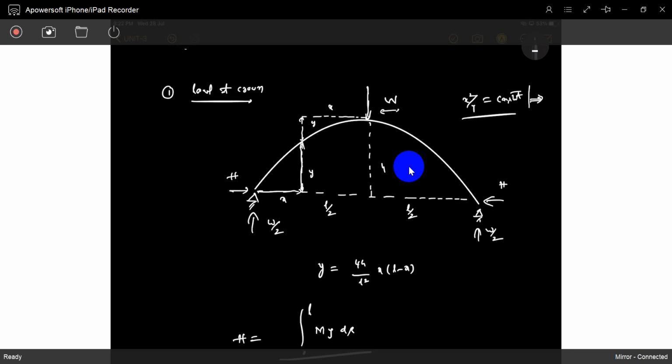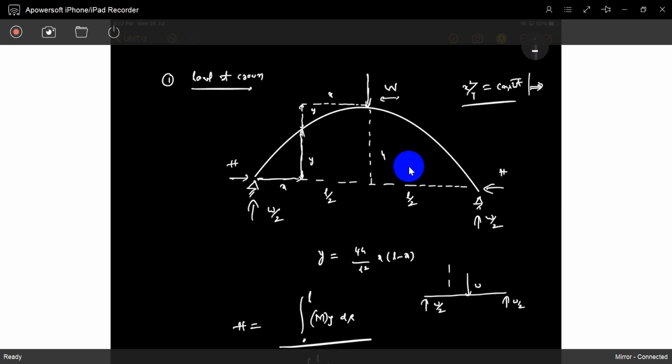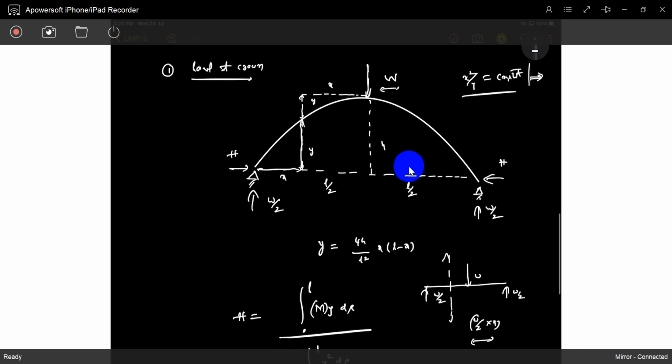What is M? M is without the horizontal thrust, otherwise you take it directly as linear. At a section, the bending moment is W by 2 into x, for x from 0 to L by 2.